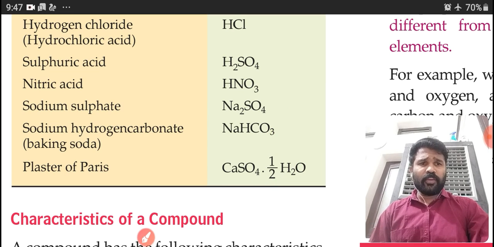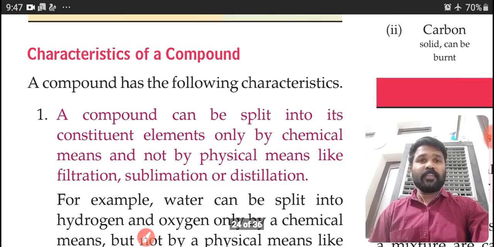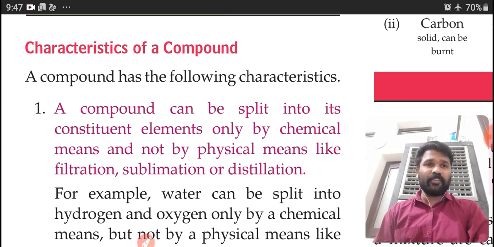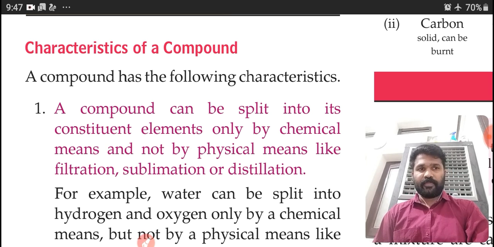Okay, now we are going to discuss the characteristics of a compound. Some common characteristics of a compound: a compound can be split into its constituent elements only by chemical means and not by physical means like filtration, sublimation or distillation.